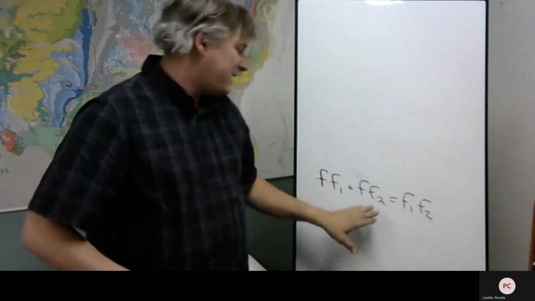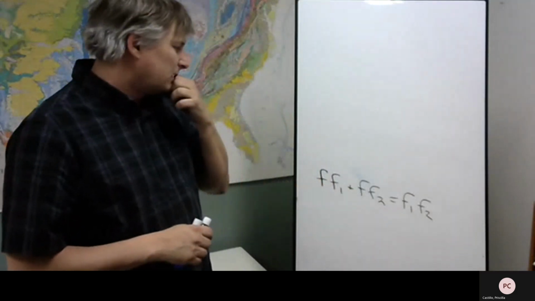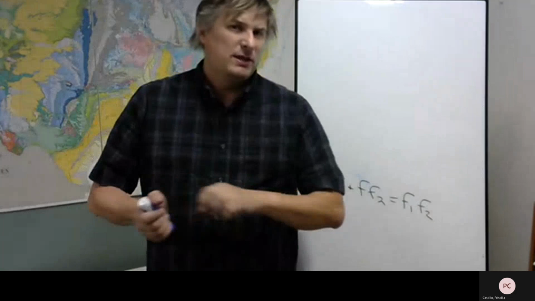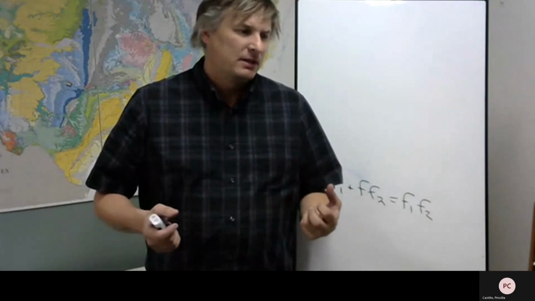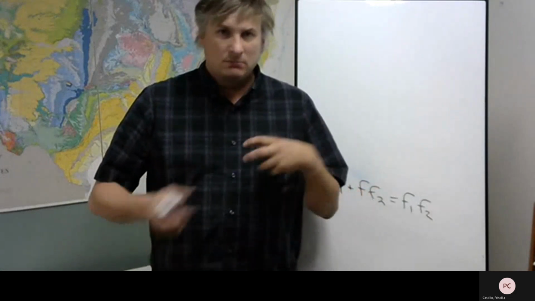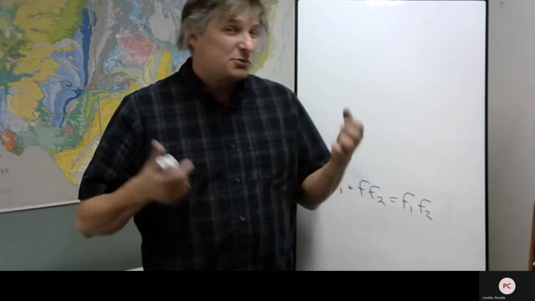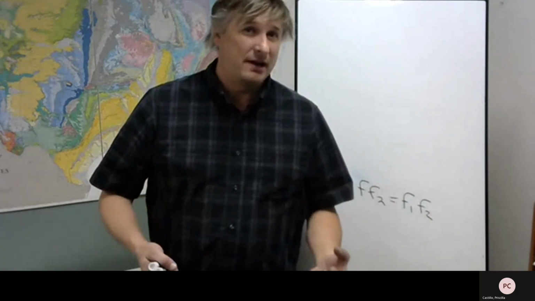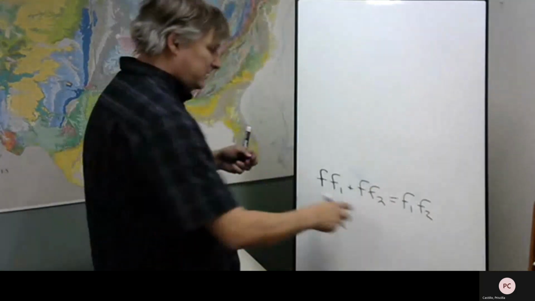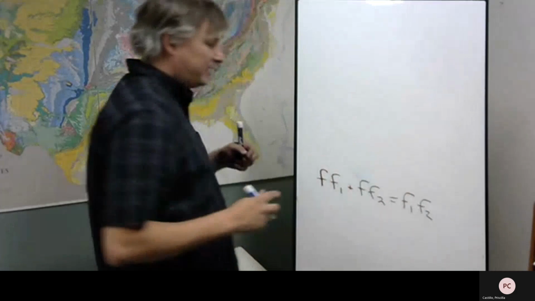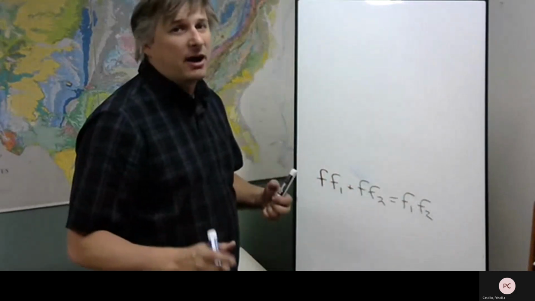Now we're searching for F2, and we've got F2 in 2 places. One thing we can do is we can factor F2 out, if the F2 is in 2 or more terms, and those terms are on the same side. So we need to move this one to that side, and then we can factor out F2.